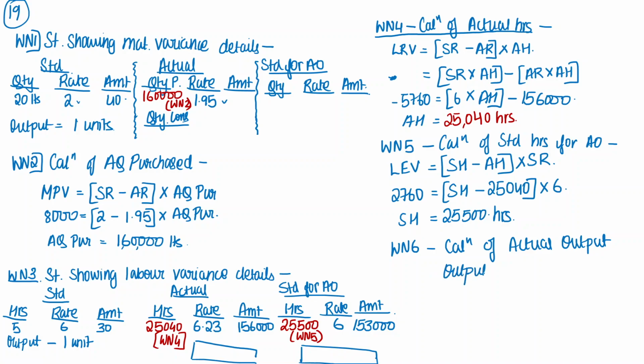So if the output is 1 unit, the hours required is 5. So if 25,500 is the standard hours, the standard you have calculated for how many, what output? For 5,100 units. So this is 5,100 units.